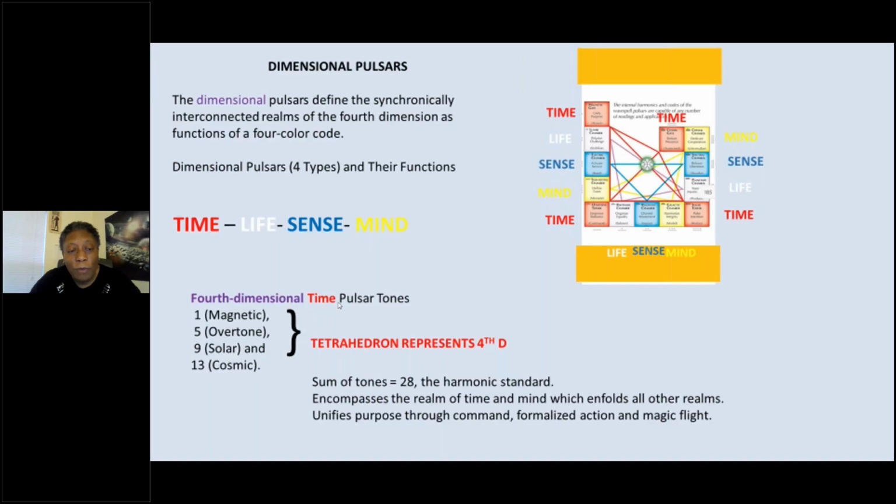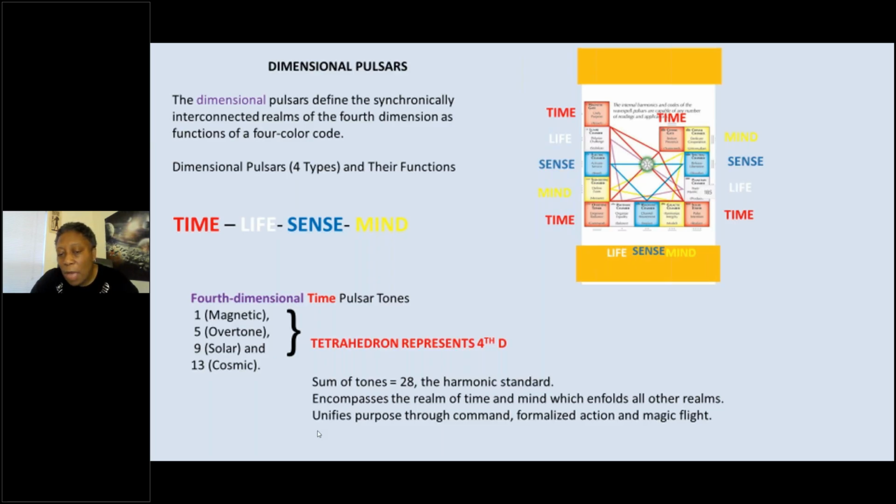Below, 4th dimensional time pulsar tones. Now we're getting ready to put the tones in it. When we add all of those up, first of all, before we add them up to come up with 28, we know that this is going to form a tetrahedron. And we can see it in this picture. See the biggest one? And we know that all of these tones are going to add up to 28, which is a harmonic standard.